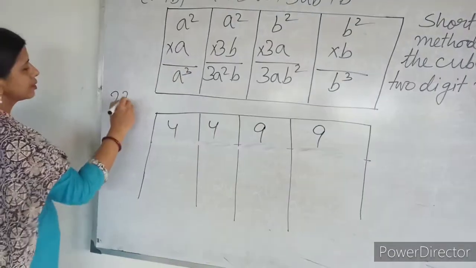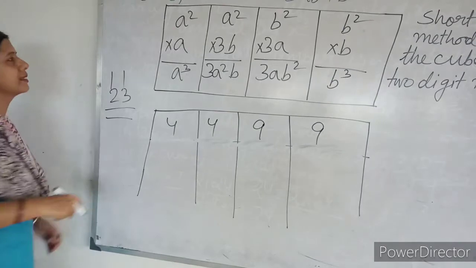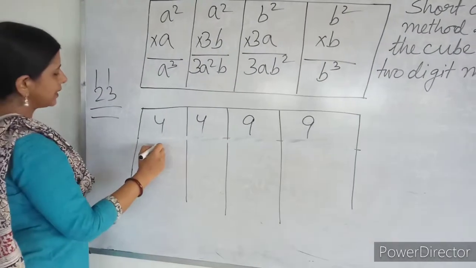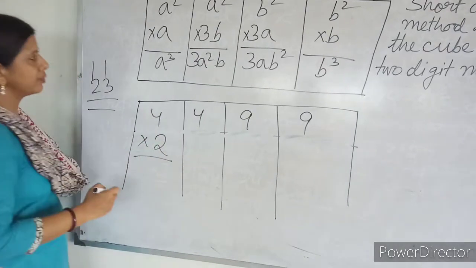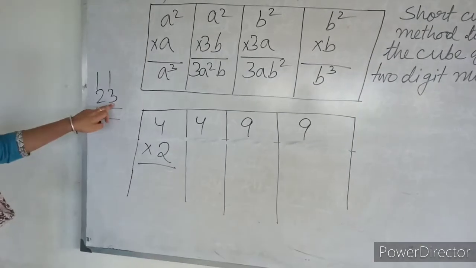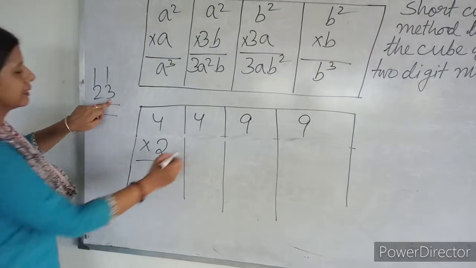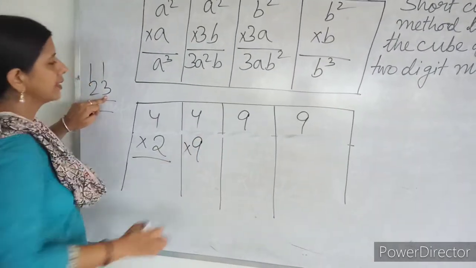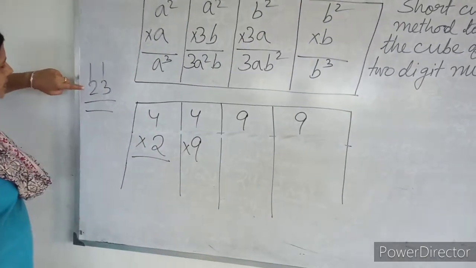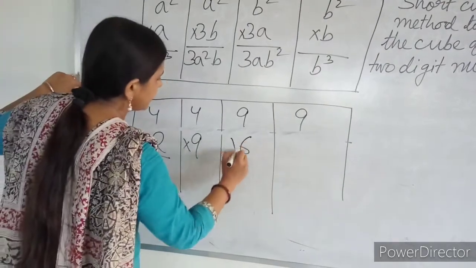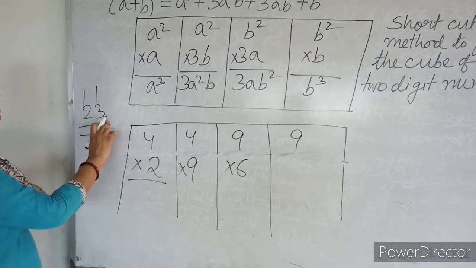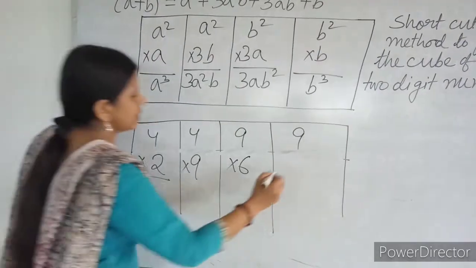The number is 23. This one is a and this one is b. Now 4 is multiplied with a, that means it is multiplied with 2. a square is multiplied with 3b. 3b means 3 into 3, that is 9. b square is multiplied with 3a. 3a means 3 into 2, that is 6. b square is multiplied with b. b square is 3 into 3, 9, and b is 3.